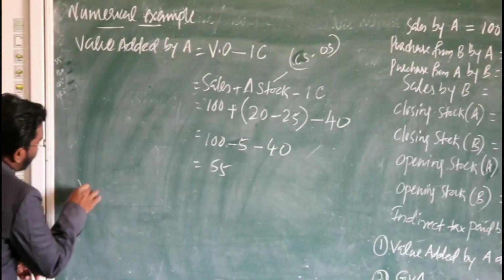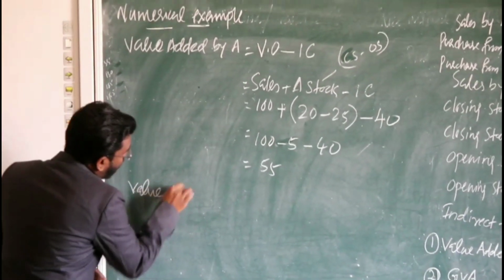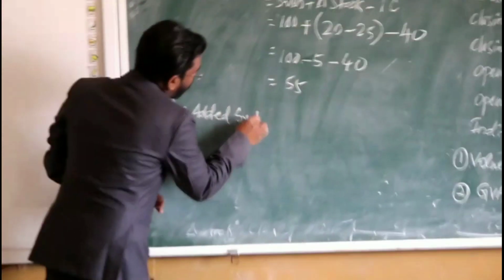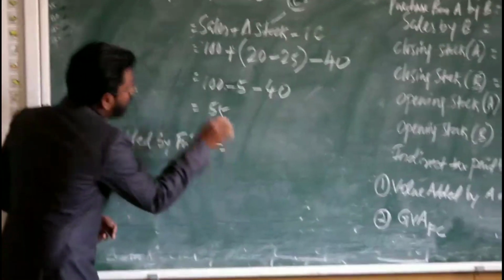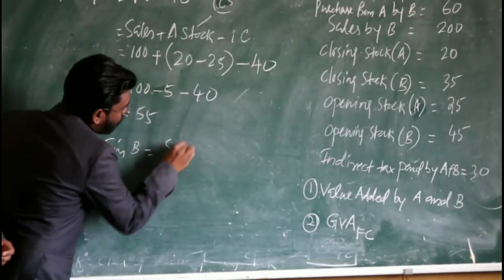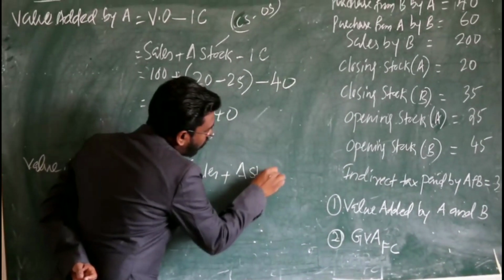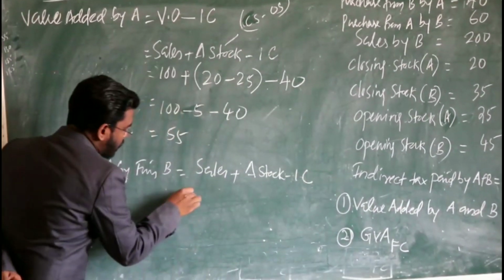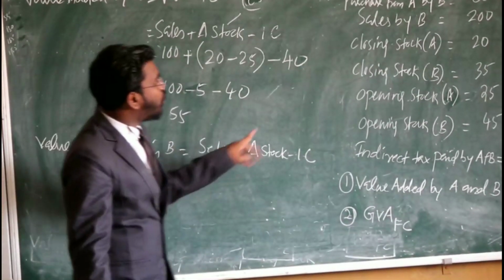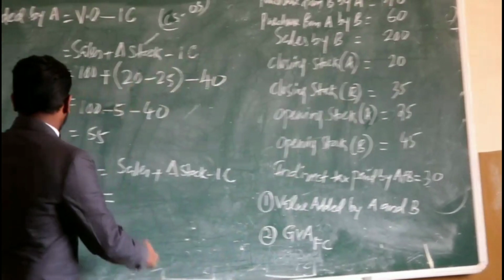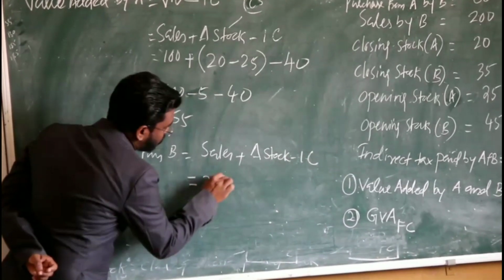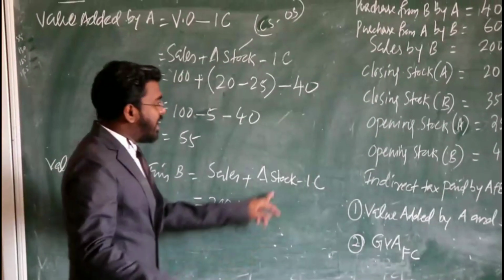Like that we can calculate value added by firm B, using the same formula: sales plus change in stock minus intermediate consumption. Sales by B is 200, plus change in stock.